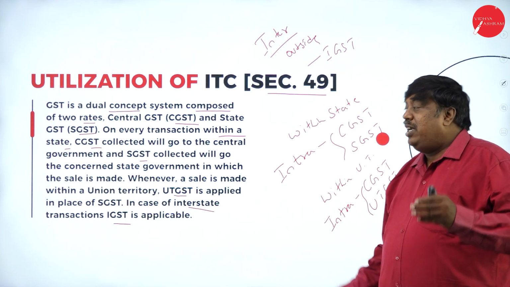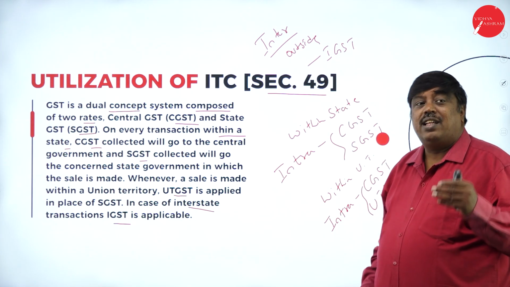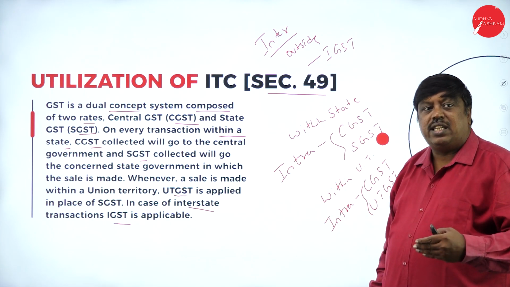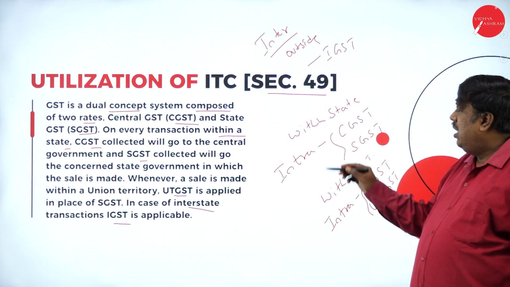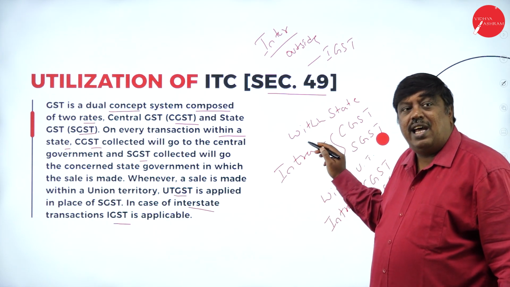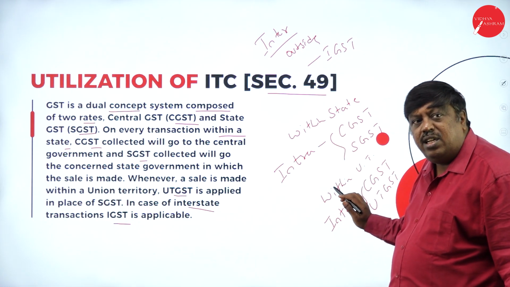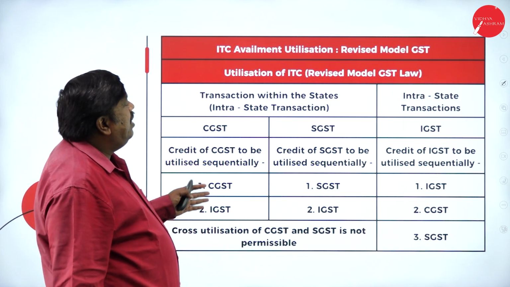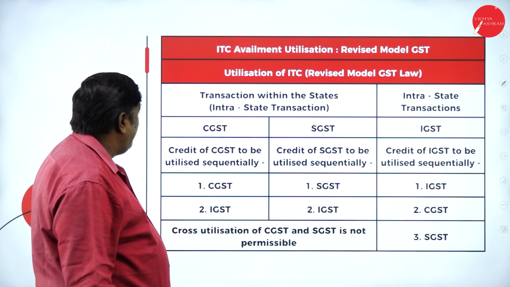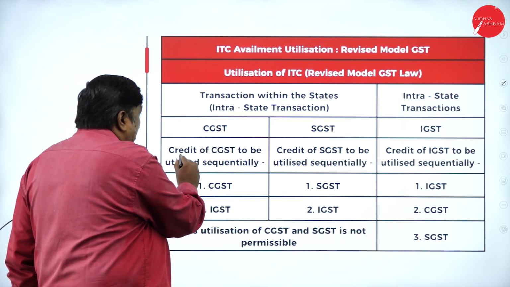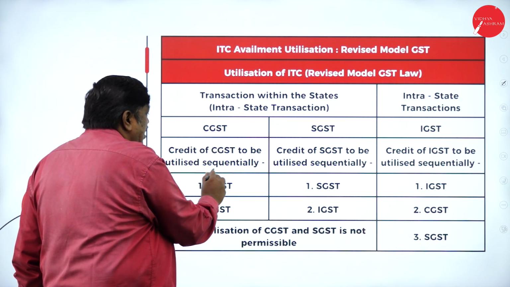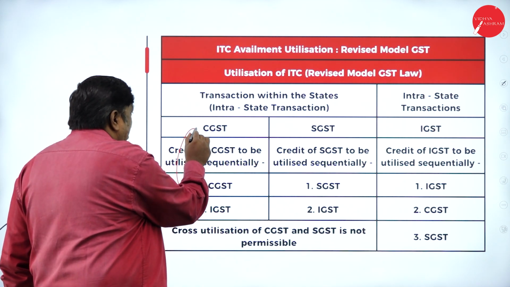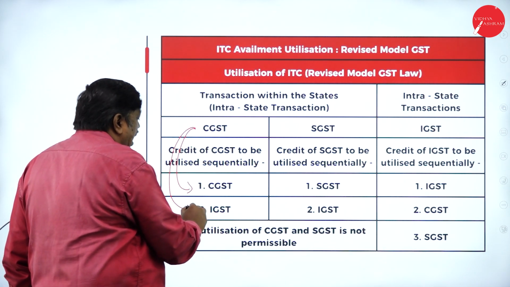Either only the central government is going to collect when the transaction is taken from one state to another state. If it is within the state or within the union territory, that is nothing but CGST and SGST, CGST and UTGST. Now, utilization as per the revised model: the credit of CGST is to be utilized sequentially, the first preference with the same, and if anything is remaining, with the IGST.